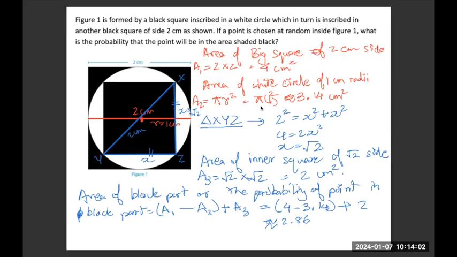Sorry, this is not the probability. This is just the total area of the black part.